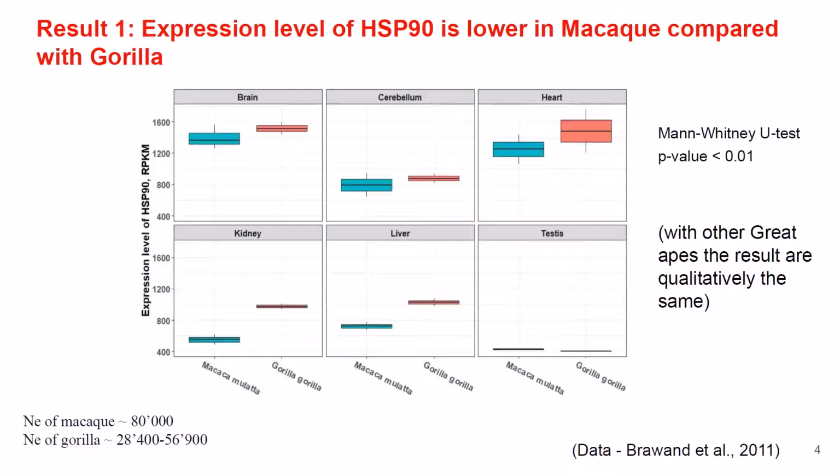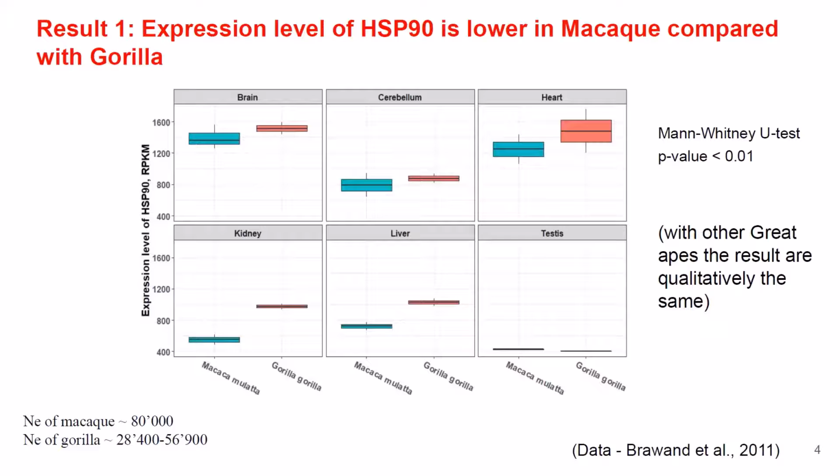Our first expectation was that in species with high effective population size, the level of expression of HSP90 should be lower compared to species with low effective population size. And to check this, we analyzed published transcriptome data for primate species in different tissues.